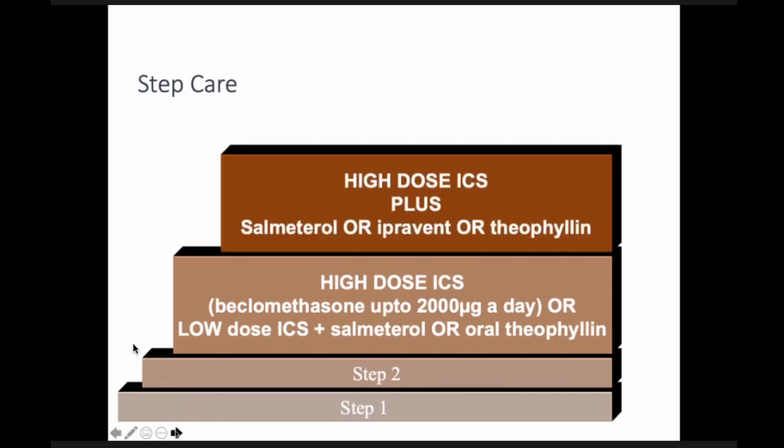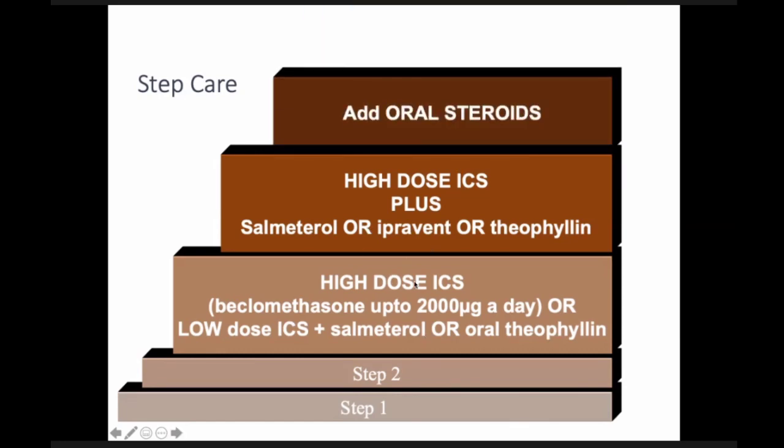If that's also not getting control, then we have to use a high dose inhaled corticosteroid with a long acting bronchodilator or an anticholinergic like tiotropium. So this is what is meant by step care. There are some minority of patients who cannot be controlled with this. Then we have no option but to look at other immunosuppressive medication, and that is a job for the specialist.